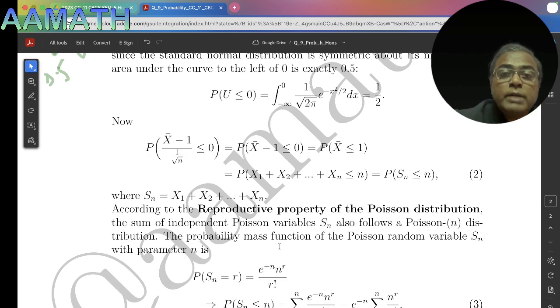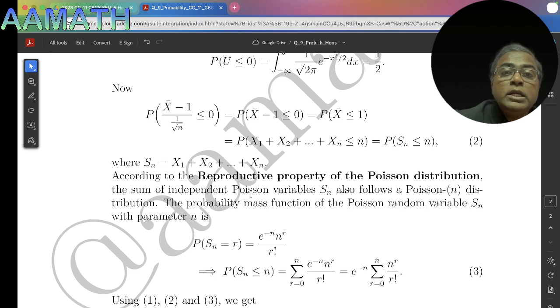According to the reproductive, or additive, property of the Poisson distribution, the sum of independent Poisson variables X1, X2, ..., Xn also follows the Poisson n distribution.